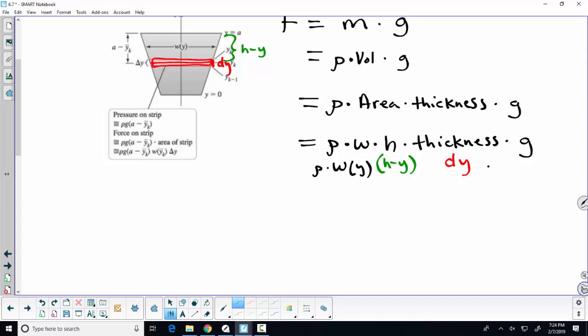So there's how we're going to measure force on a face like that.